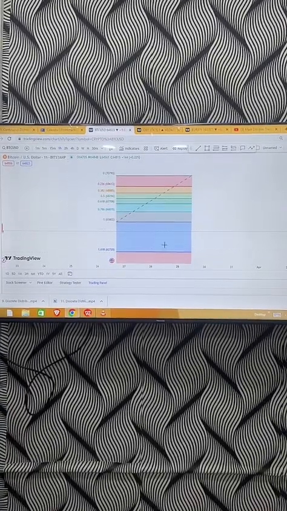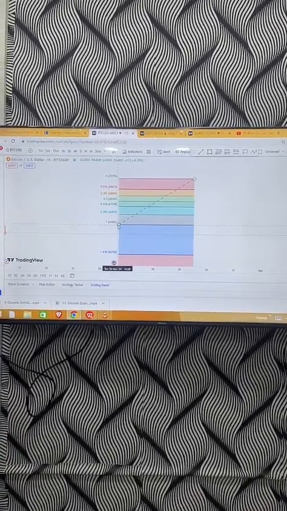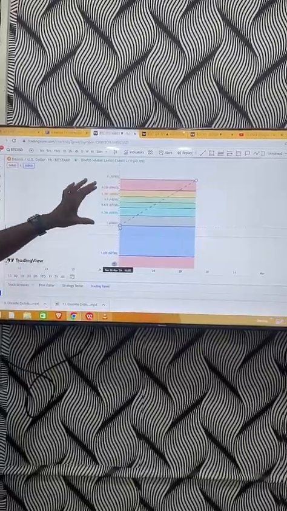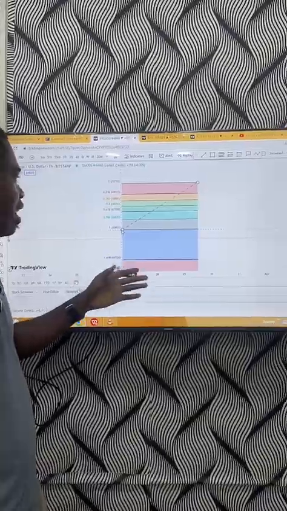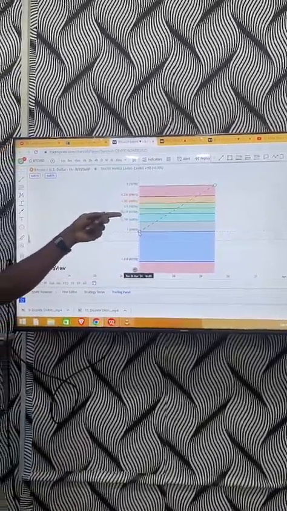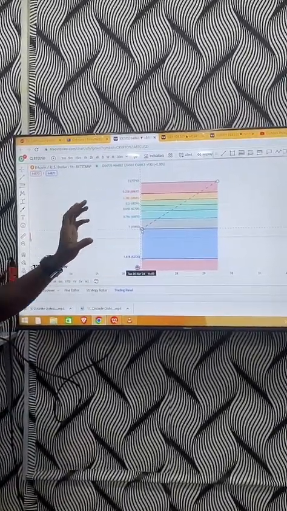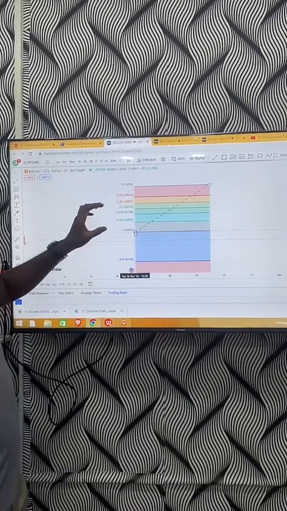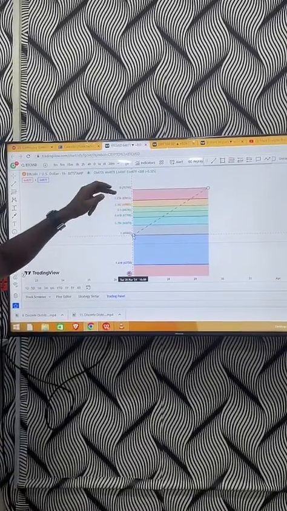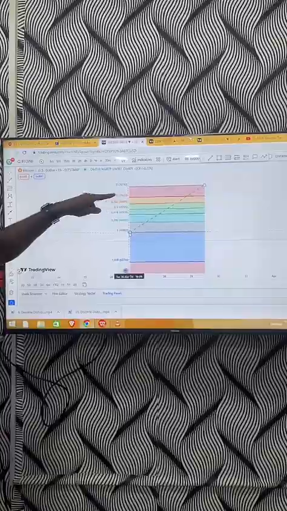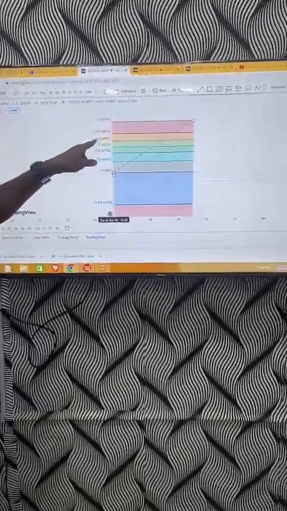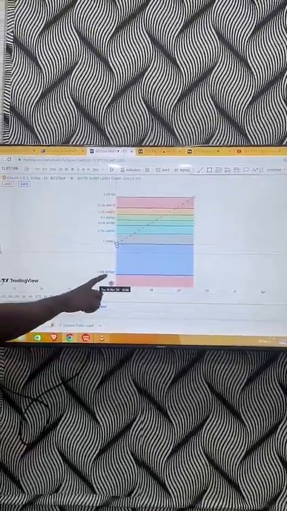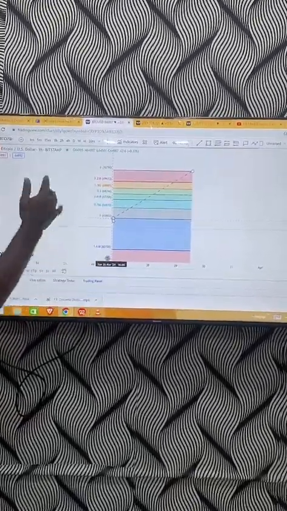Now, since we are not using all these levels, we are traders, we have said 50%, 61.8%, 78% are the key levels we are looking at. So that means we can edit and eliminate all other levels like the 0.236, 0.382, and 1.618, which is an extension level.